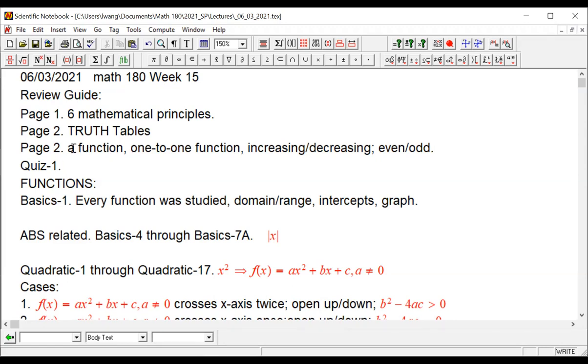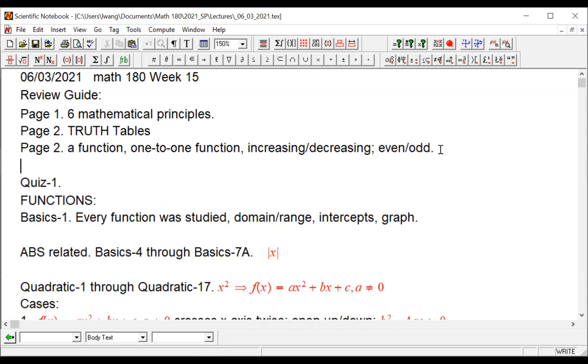But function is such a huge category. So just talk about function. We started with basic functions, and we talk about adding, subtracting, multiplying, dividing, and we composite functions. When you talk about composition of functions, you can generate an infinite number of different kinds of functions.